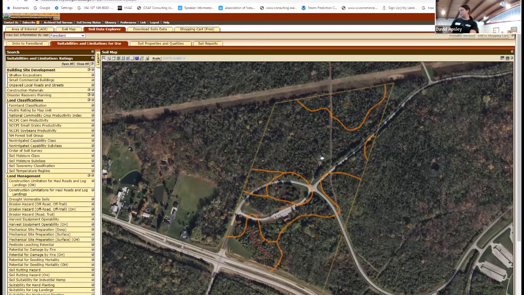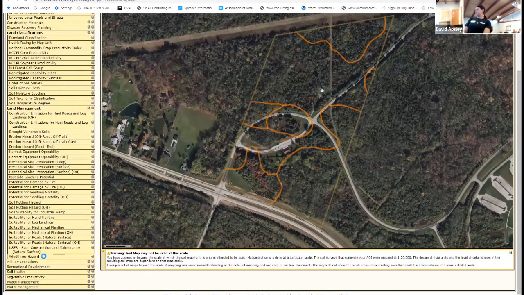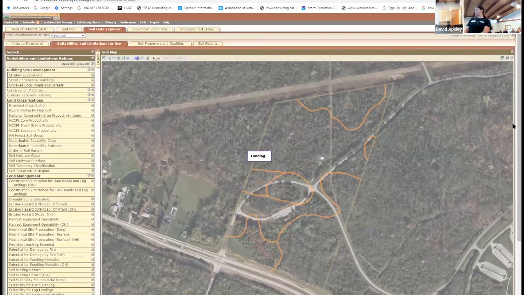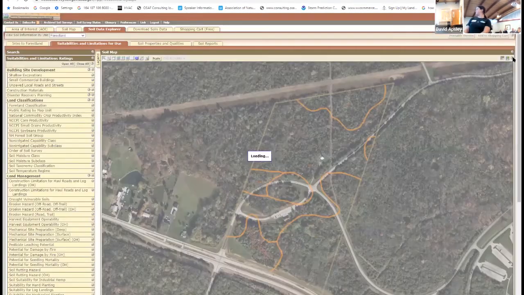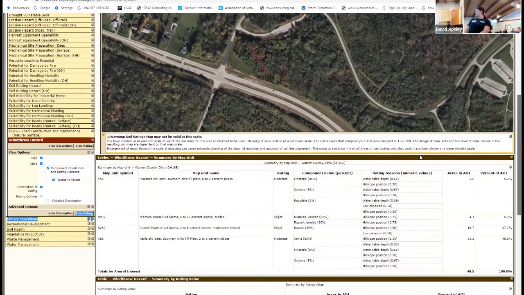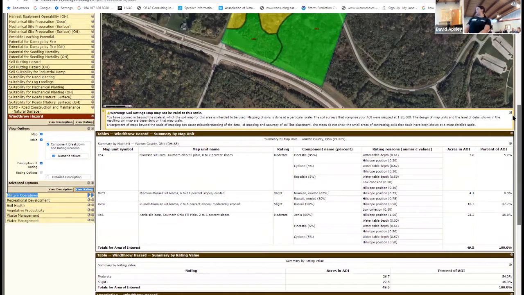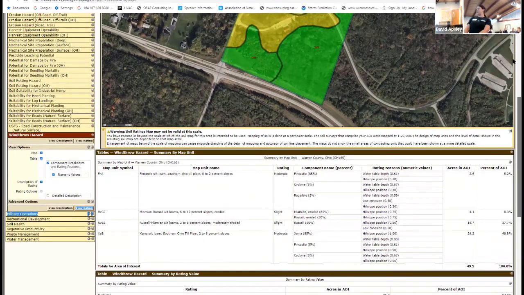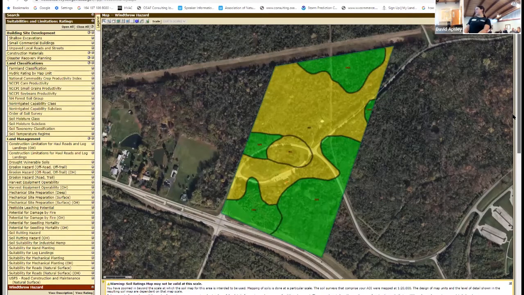And I believe the land management piece, if you're considering a harvest, the logging information, wind throw hazard is right there. Yeah. All right, so we do have wind throw hazard rating. Again, green is good, yellow is okay, red is bad.